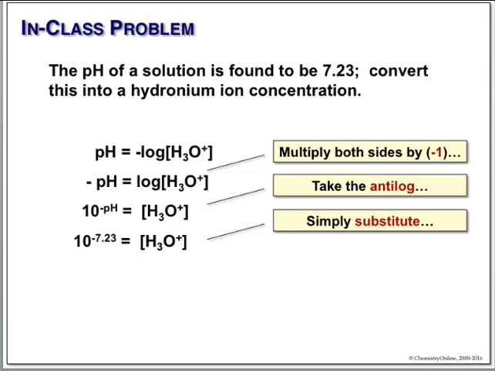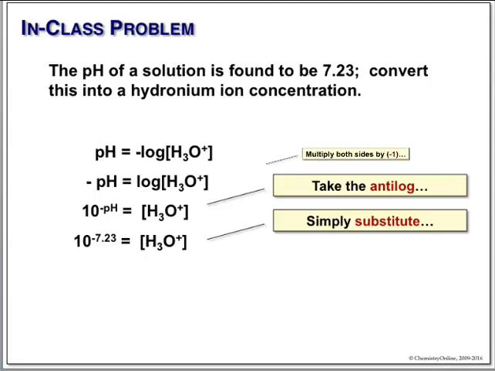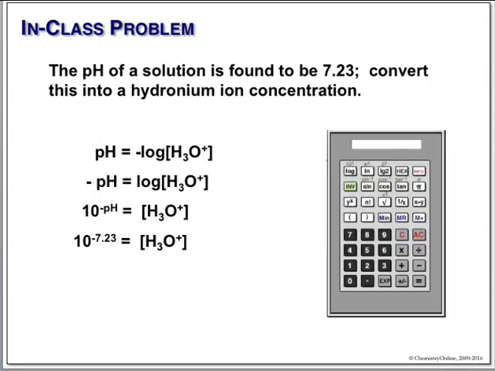Now I'm going to substitute in 7.23. What I want to find on my calculator is what is the value of 10 to the minus 7.23. Now here's my calculator. Looks like this.